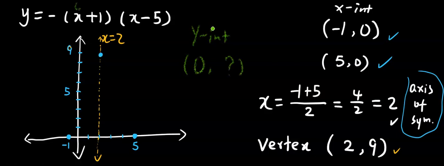So you quickly let x be 0 here. I'm going to change the color. You quickly let x be 0 and then find out what y is. We can do it in our head. When x is 0, 0 plus 1, and times 0 minus 5. Don't forget in front we have another negative symbol. So the y-intercept is (0, 5). Now I get one more point. The graph is going to look even better.